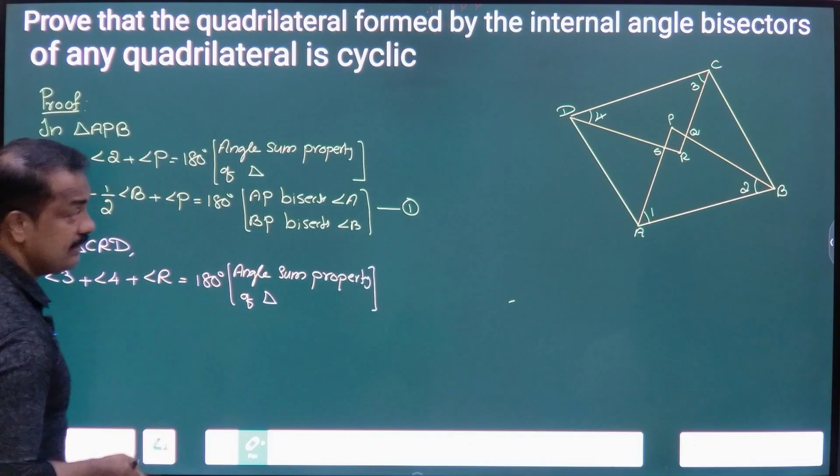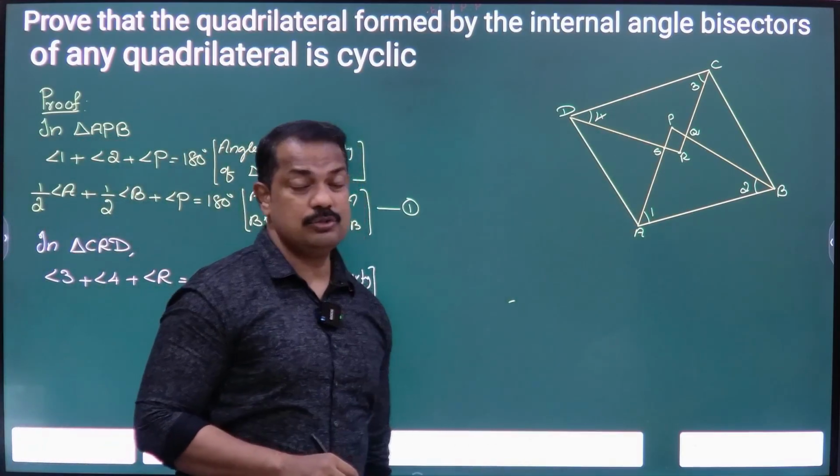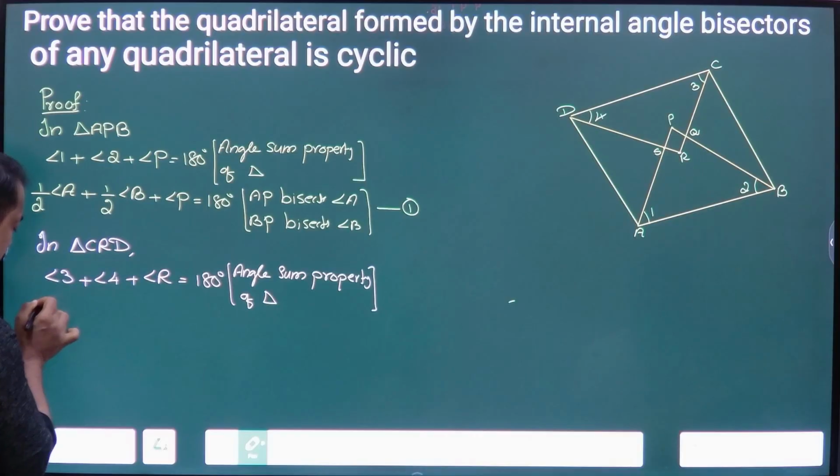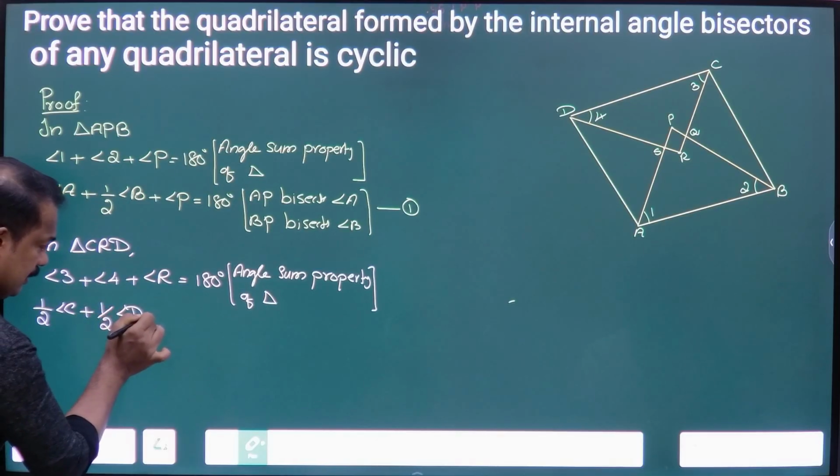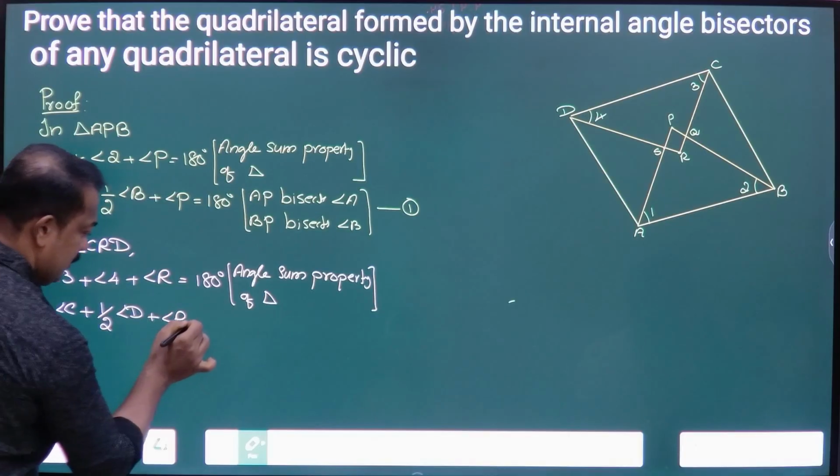How to convert angle 3 in terms of angle C? Half of angle C plus half of angle D plus angle R equal to 180 degrees.